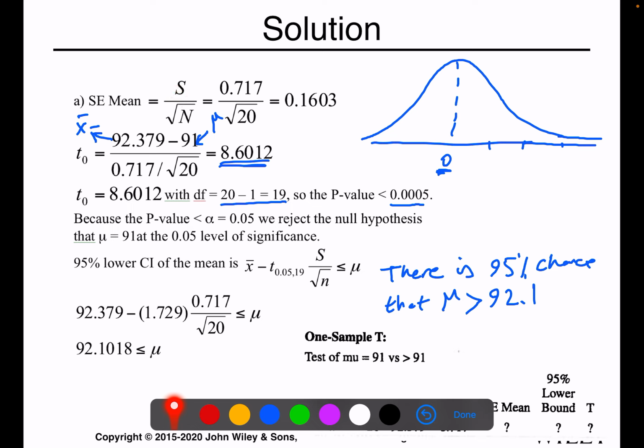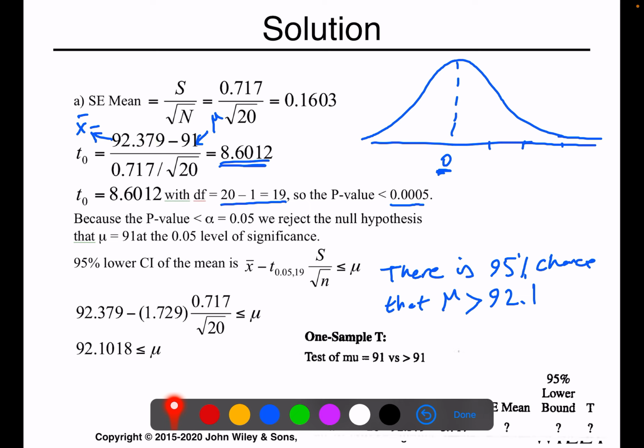So the standard error will be 0.16, so less than 0.2. So when x bar was 92.3 and the standard error is around 0.2, that means that the true mean is around this number, right? And the final answer that we got conforms to that. Here, mu is more than 92.1, x bar is 92.3, right? So a little bit less than.